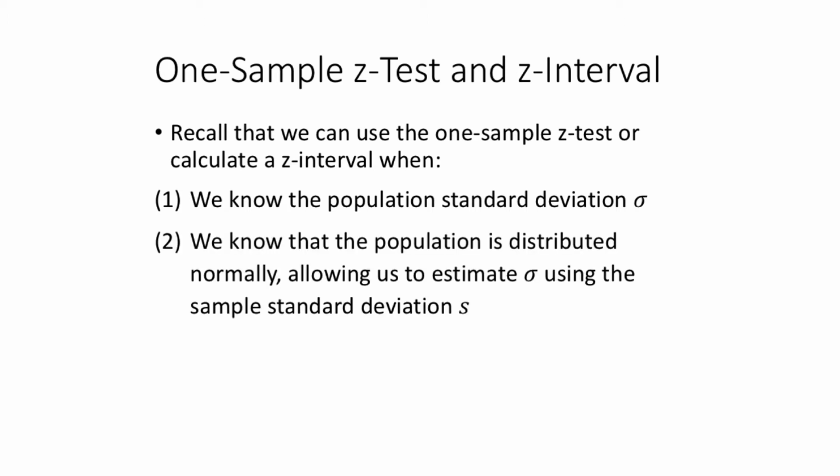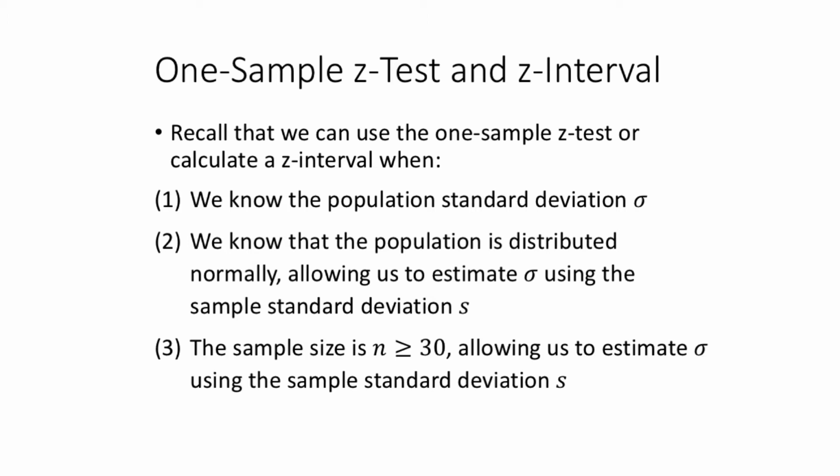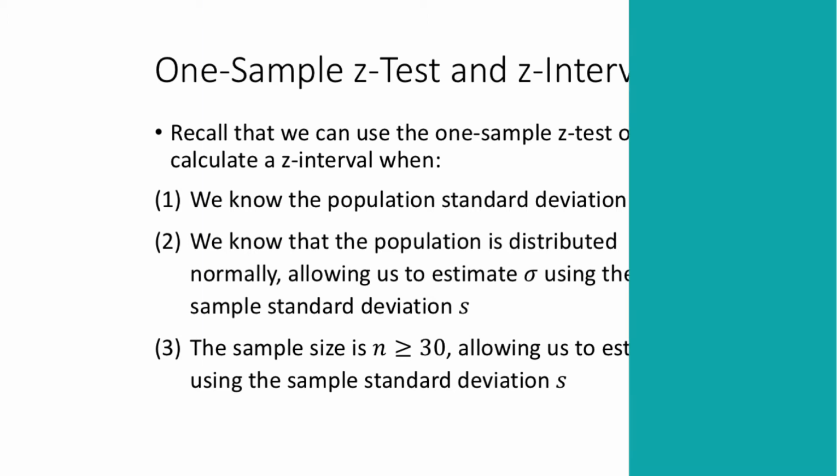We know that the population is distributed normally, allowing us to estimate sigma using the sample standard deviation s, or the sample size is greater than or equal to about 30, allowing us to estimate sigma using the sample standard deviation s. The key point is one of these conditions really has to hold, because if we use the standard normal distribution as a model for the sampling distribution, and these conditions hold, then we can proceed.